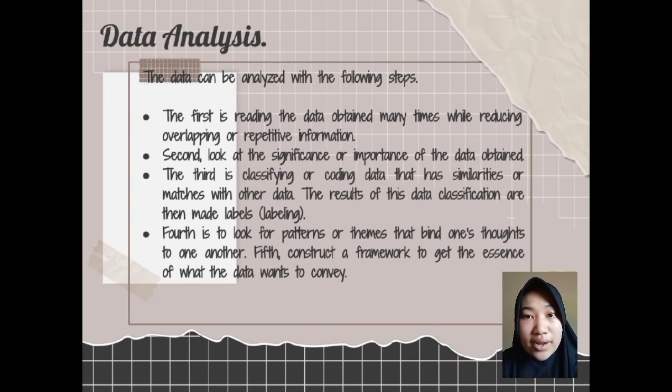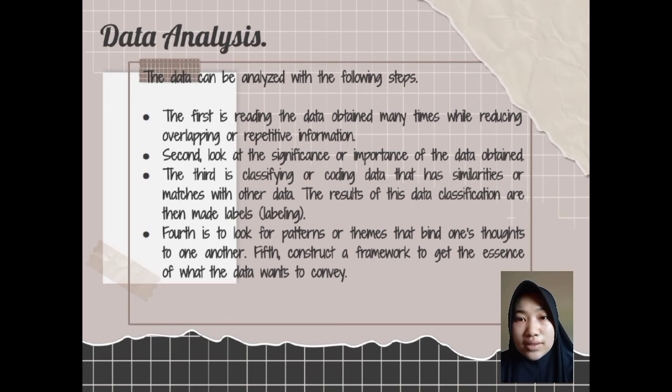Okay, the next slide is about data analysis. The data can be analyzed with the following steps. The first is reading the data obtained many times while reducing overlapping or repetitive information. Second, look at the significance or importance of the data obtained.